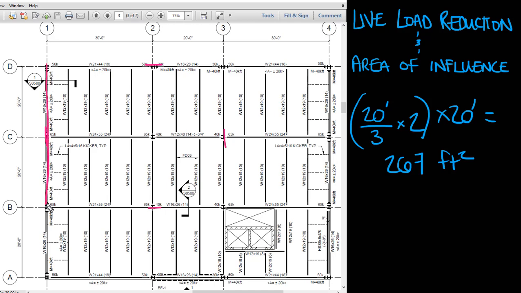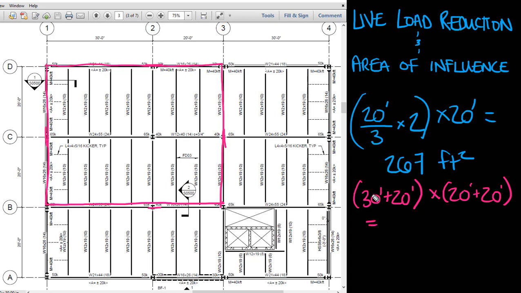And so we end up with an area of influence like this. And if we calculate that area, 30 feet plus 20 feet times 20 feet plus 20 feet, we get a much larger area of influence.